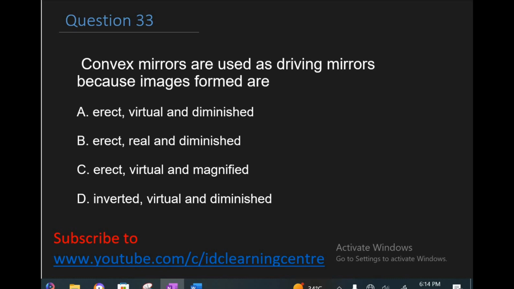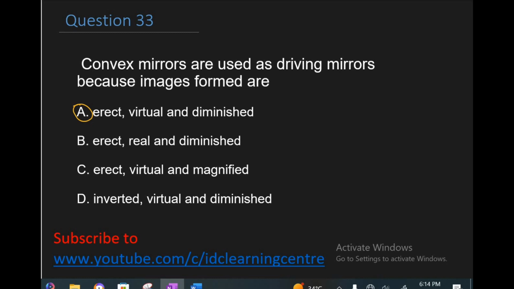The correct answer for this question is A. Convex mirrors are used as driving mirrors because the images formed on them are erect, that means upright, and virtual, that means they're not clearly seen, though they are visible to the eye. And diminished means they are not magnified. So A is the correct answer. Convex mirrors give images that are erect, virtual, and diminished.